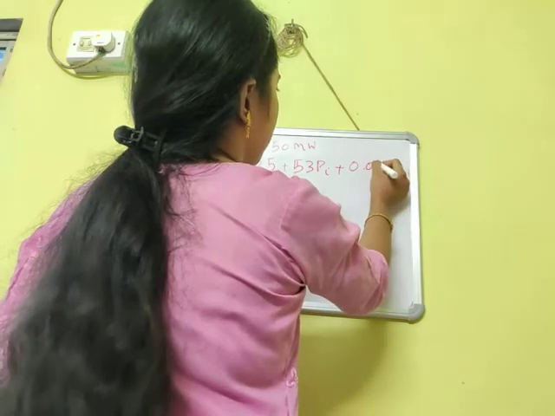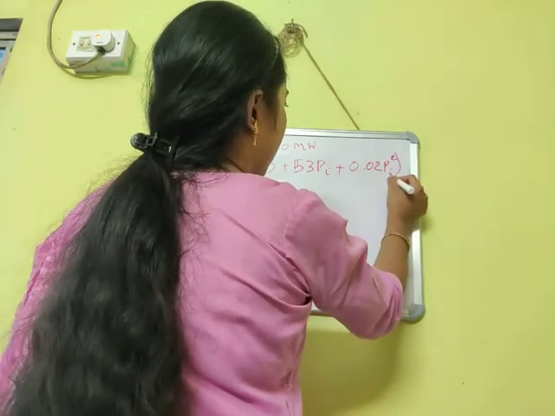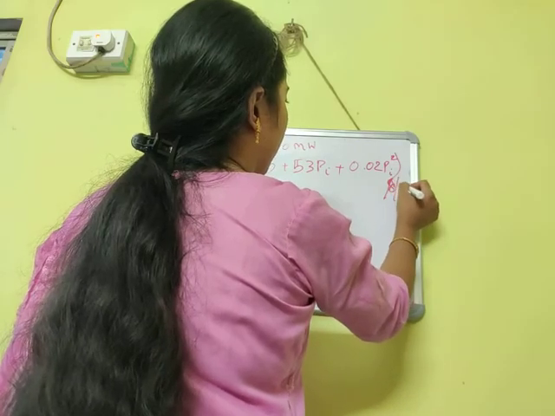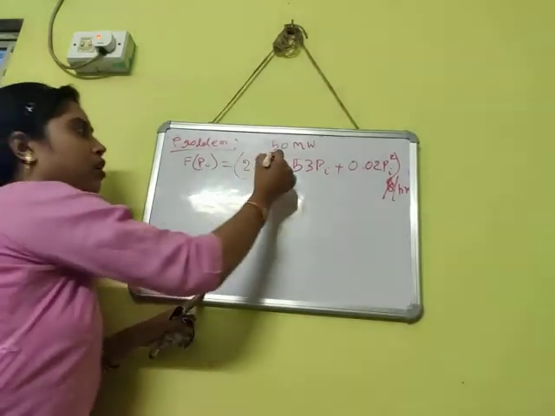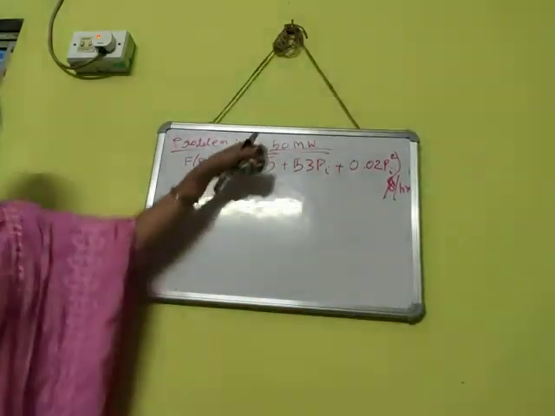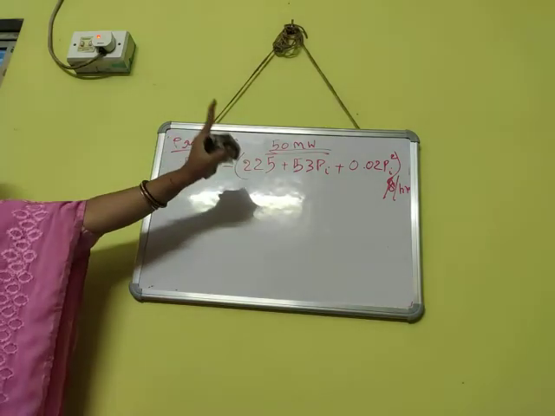This is the total cost function of a 50 megawatt generator.